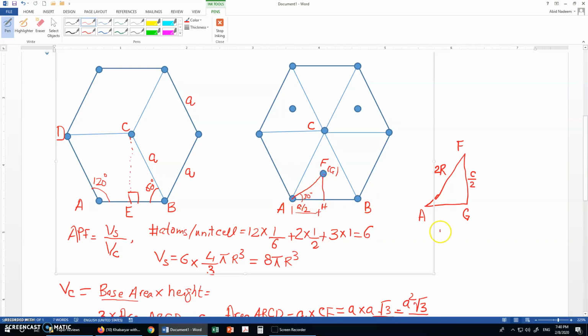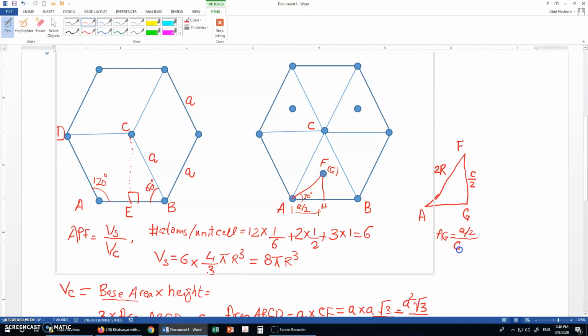So what is AG? AG is equal to AH divided by cosine of 30 degree. So AH is A by 2 divided by cosine of 30 degree, because this is the base and this is the diagonal for this triangle.